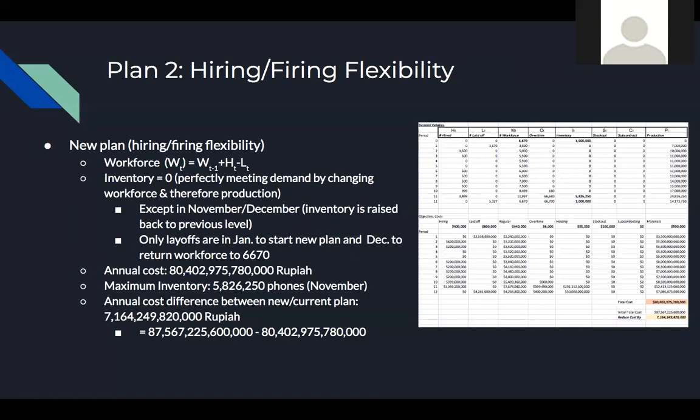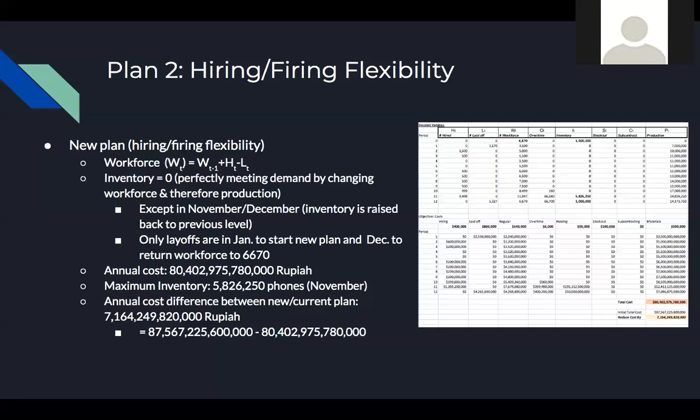We drop employees in accordance with demand, and steadily increase the number of employees as demand increases. With this, we're able to lower the overall cost of inventory, lower the cost of workforce at the beginning of the year, and also meet the inventory requirement of 1 million units at the end.